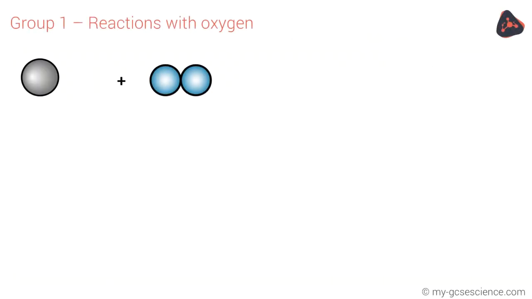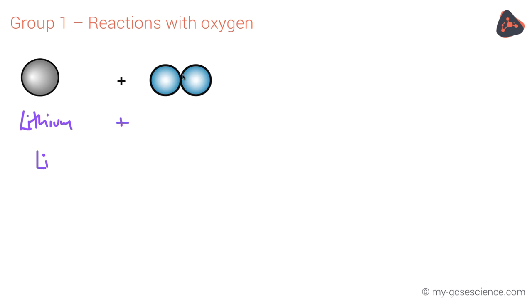Group 1 metals react with oxygen. For the exam, you may be expected to write a chemical equation for this reaction, which could be in word or symbol form. In this example, this grey circle represents a Group 1 metal. Let's say lithium. If you look on the periodic table, the symbol for lithium is Li, remembering the capital at the front, the small letter at the second.